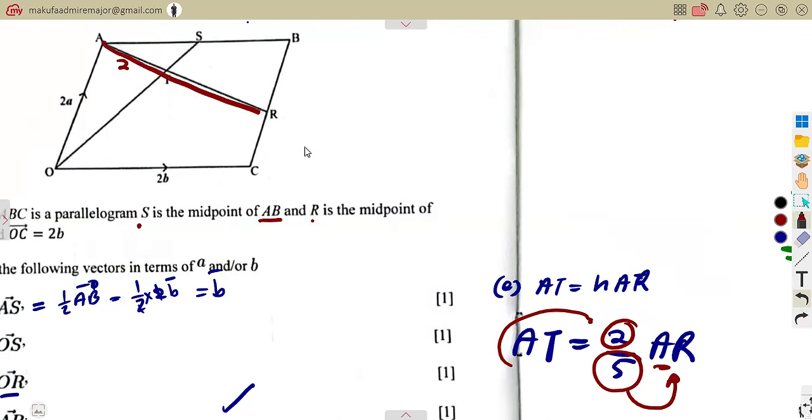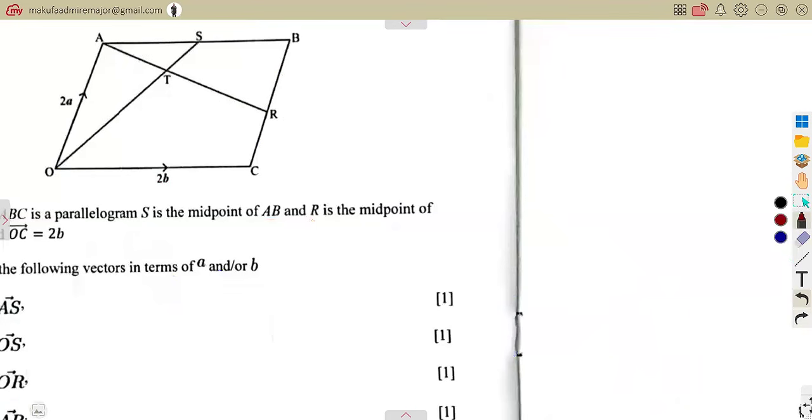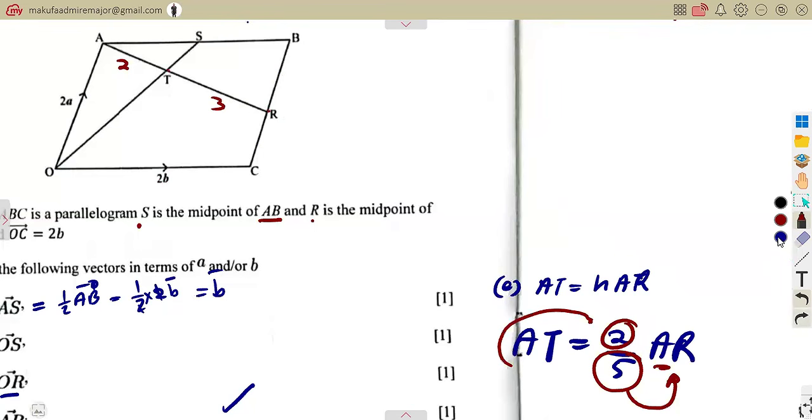The whole of AR is carrying 5 parts. So what about from T to R? 5 minus 2, which is 3. So we are remaining with 3 parts, so that if you add the 2 and the 3, you obtain the 5. So now we can determine our ratio from these 2 and 3.